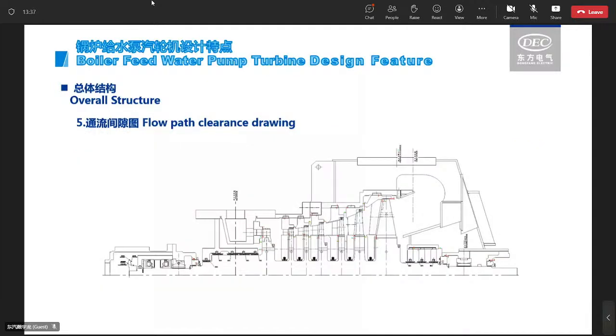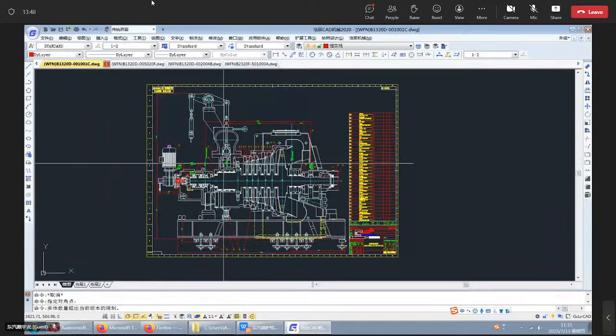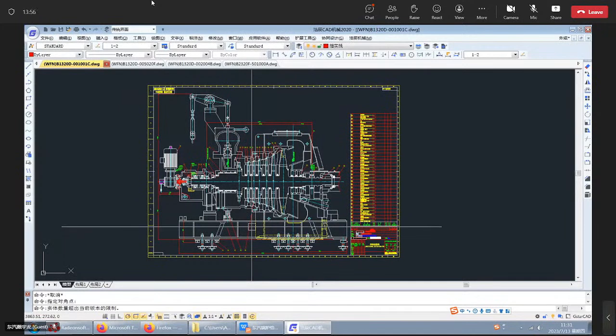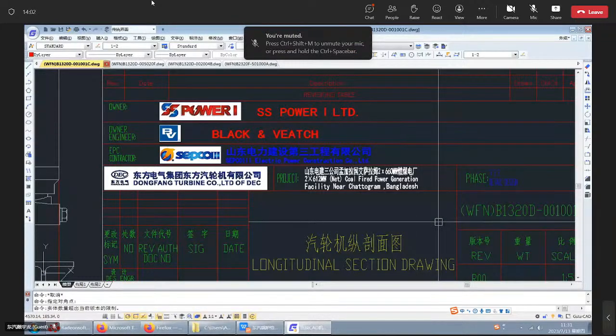This picture shows the flow path. Now let's take a close look at the longitudinal sectional picture.